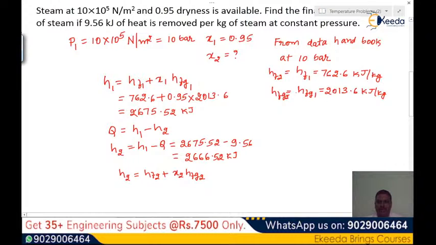So we have this H2. Let us substitute these values, and from that we can find out its final dryness fraction. As I already told you, if heat is removed, its dryness fraction decreases. If heat is added, its dryness fraction increases.